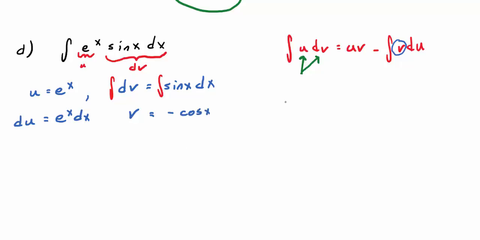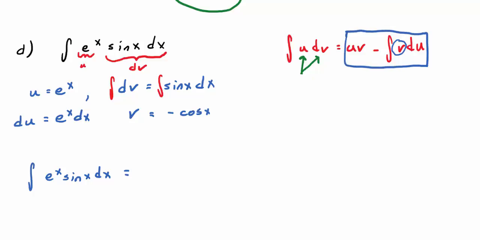Okay, so let's put the formula together. Just rewriting what we have, the integral e to the x sine x dx is equal to, insert into the formula on the right side. What's a good way to write it?